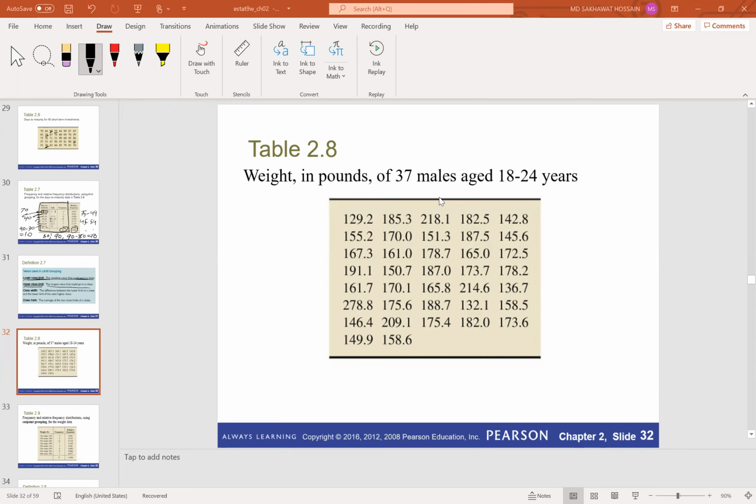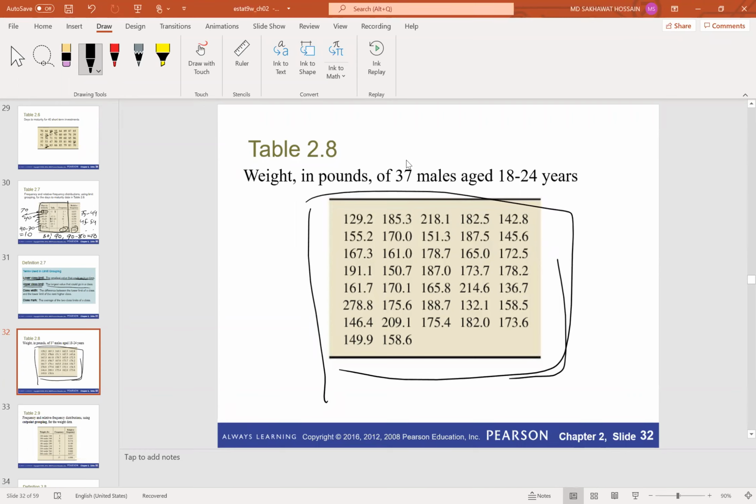Now the question is, is it continuous or discrete? What do you think? This is continuous because it can take fractional values. Okay, so forget about this data.